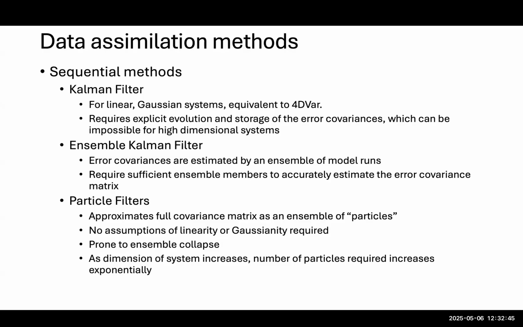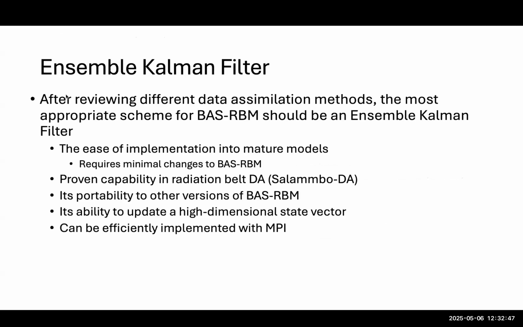And that sort of leaves us with the ensemble Kalman filters. So this is what I decided would be the most appropriate scheme for BAS RBM, primarily because it's easier to implement into the mature model with minimal changes to BAS RBM, and it does have some precedent.